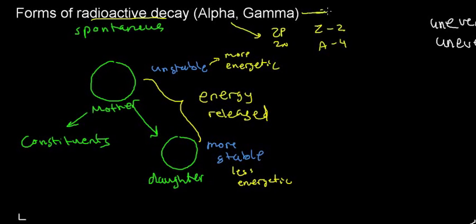We discussed that gamma radiation virtually accompanies all types of decay, but it could be the only type of energy released due to shuffling. I've heard it referred to as shuffling of the different nucleons and energy loss within them.